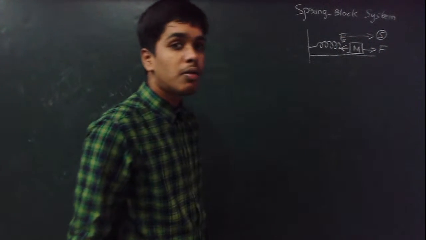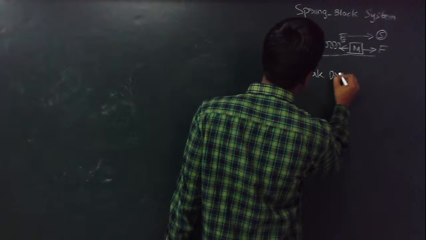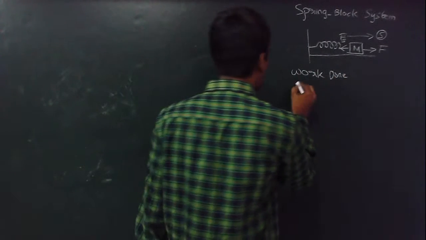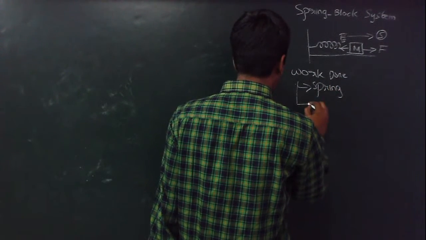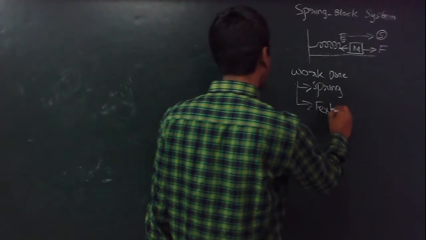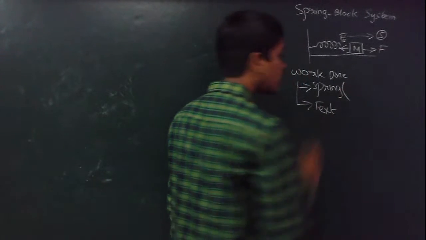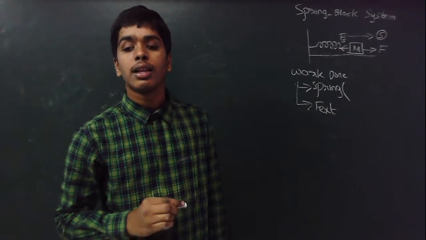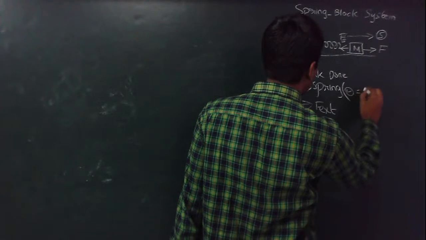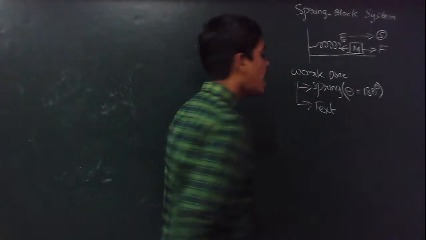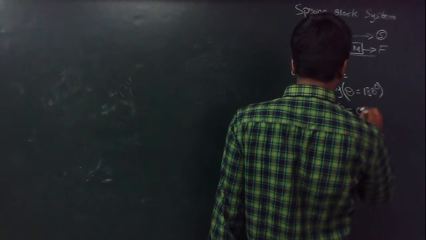So it is known as Fs. Now we will see what the work done is. Work done: here there are two forces, by the spring and by the external F. Now the work done by the spring is F dot S. For the spring, theta is equal to 180 degrees, and for the external F, theta is equal to 0 degrees.